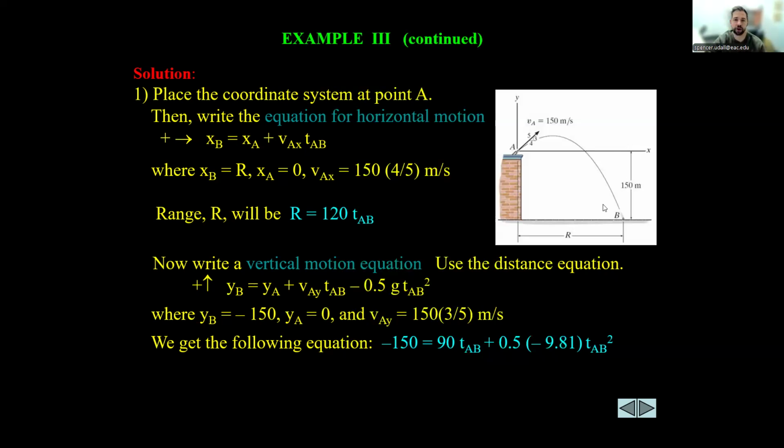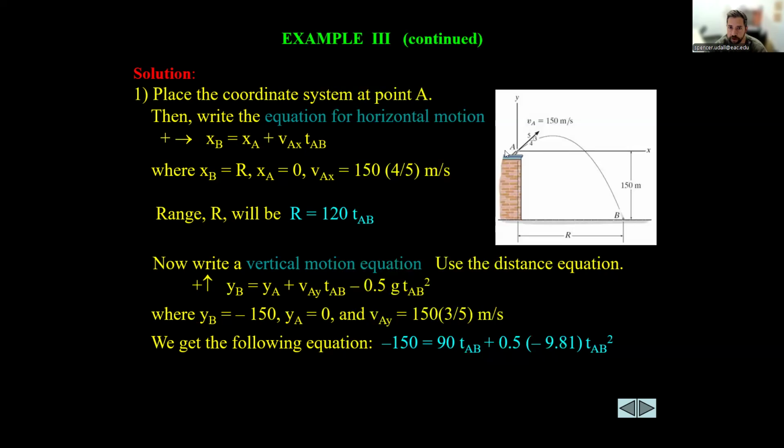And depending what you want to call ground zero, if you like the lowest point being 0, then you could say we're going from positive 150 down to 0 for your initial and final. Or we could say we're going from 0 down to negative 150.